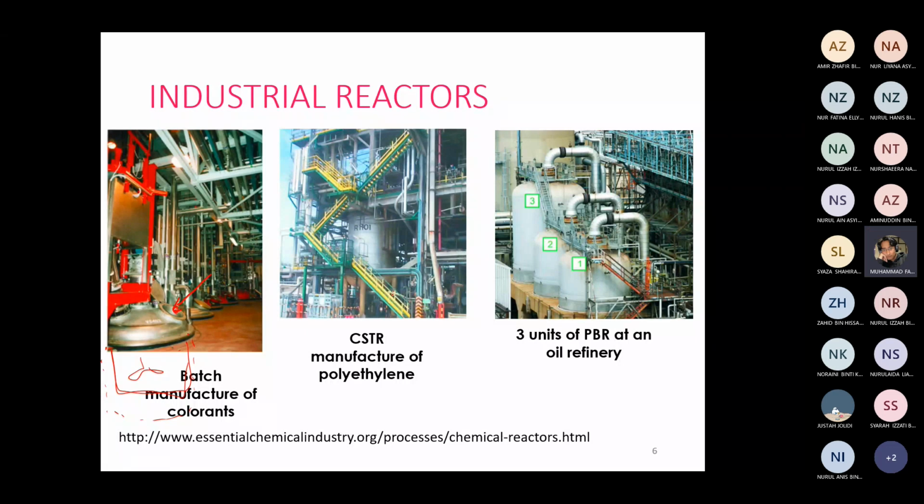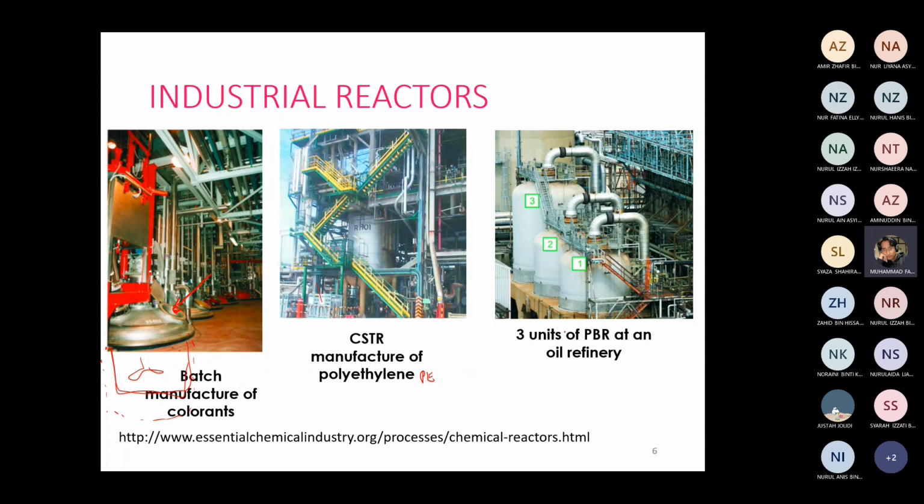Then we have a CSTR manufacture for polyethylene, which we make as PE. This is a crystalline structure of a thermoplastic. You can find this chemical in a plastic bag. It is one of the chemical components used to produce plastic bags and other medical device applications.